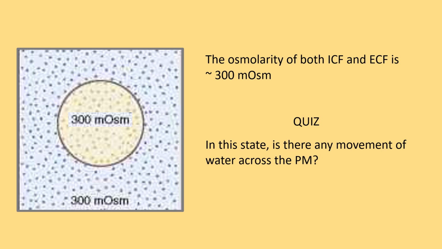The 2 solutions that we see here, intracellular fluid and extracellular fluid, have different compositions, as we've seen previously in the table. But overall, they have equal osmolarity. And because the osmolarity is equal, this allows our cells to maintain their normal size and shape. So they don't gain too much water and they don't lose too much water by osmosis.